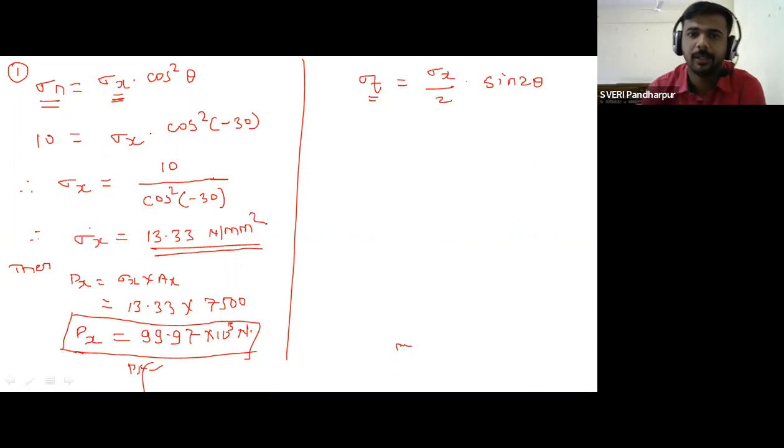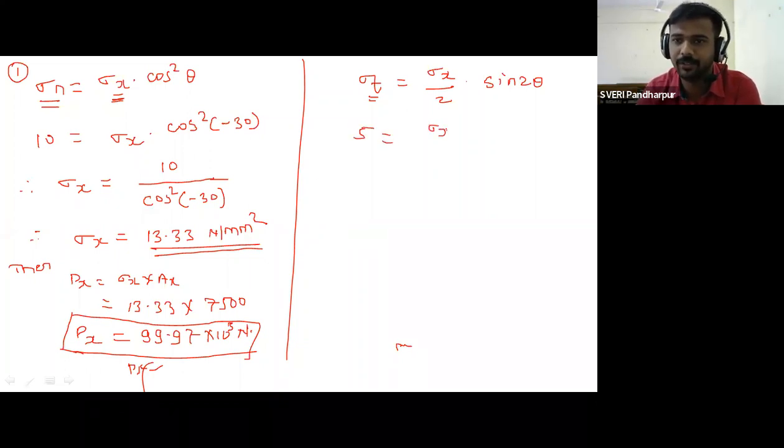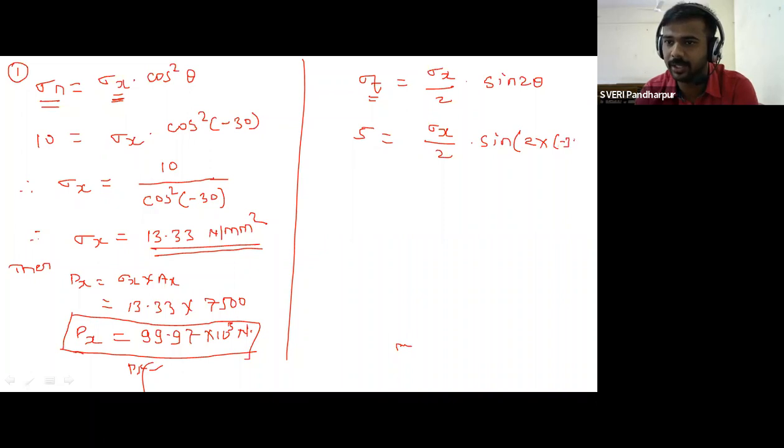Similarly, by using the shear stress, again calculate the sigma x value. So here sigma t is given 5. So sigma x divided by 2 into sine 2 into minus 30, bracket complete.